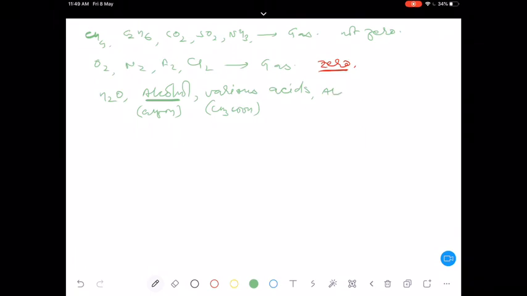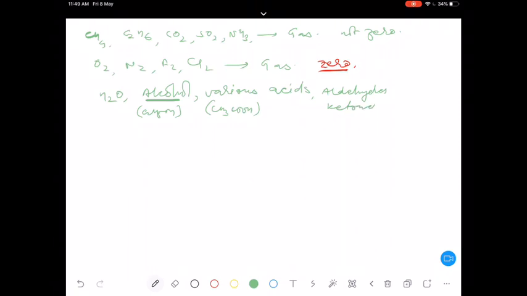Okay, aldehyde, ketones, ethers you can write, and higher molecular mass hydrocarbons.